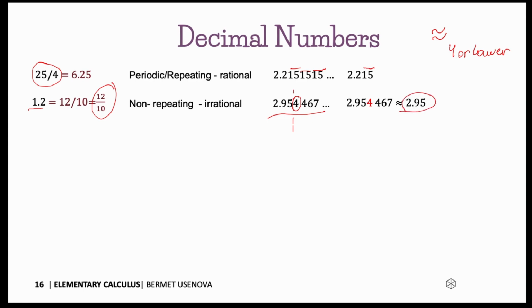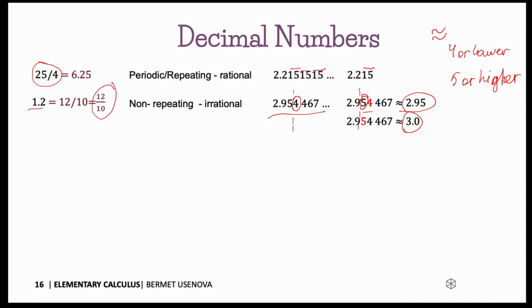Let's approximate the same number here, but to 1 decimal point. Again, as in the previous example, we draw this imaginary line here and we pay attention to the next digit. If this digit is 5 or higher, we call it rounding up, and we add 1 to the last digit of the cutoff number.